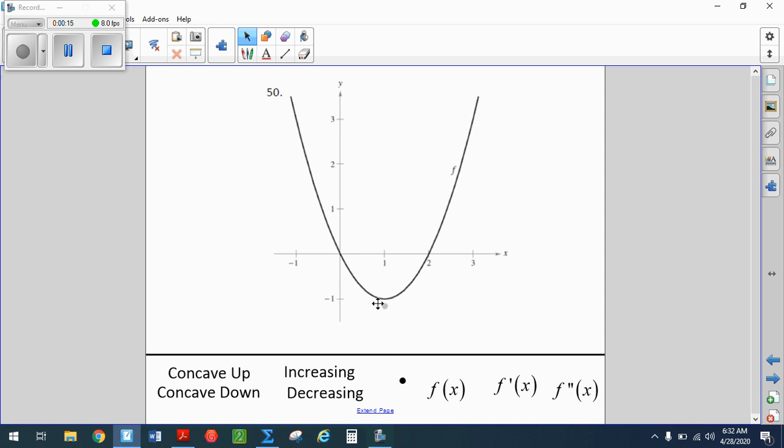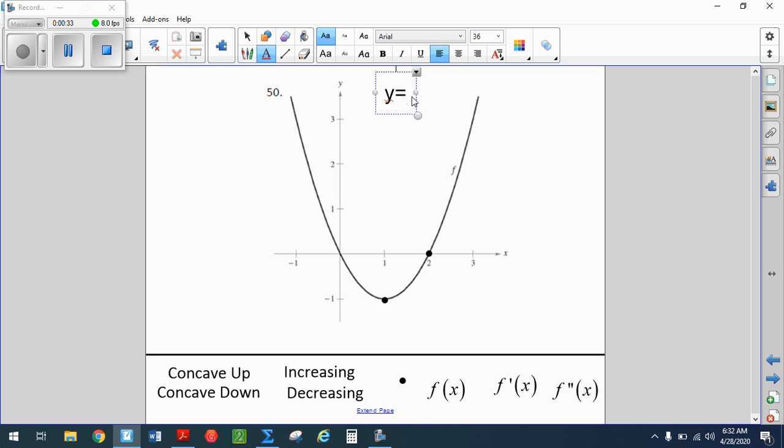The first is I could plot the vertex at (1, -1), and I can see another point on the graph at (2, 0). So I know that I could actually get the equation of the graph. We could say y equals (x minus 1) squared minus 1.